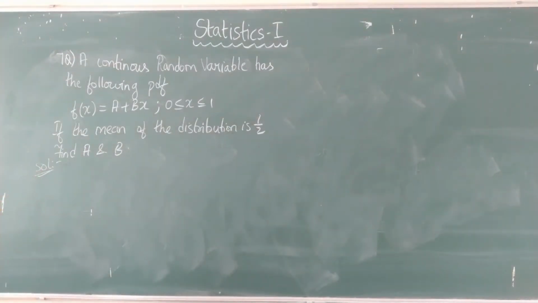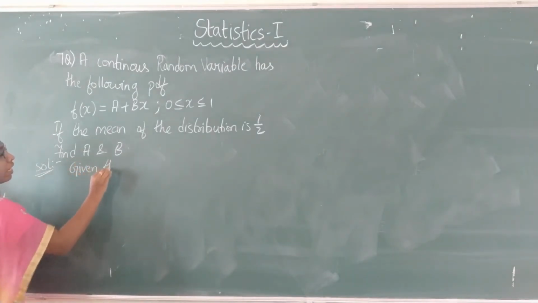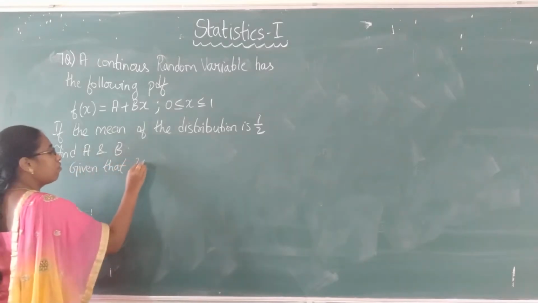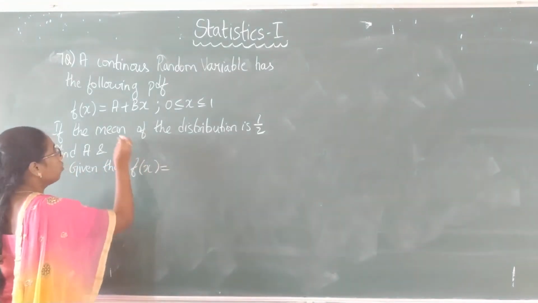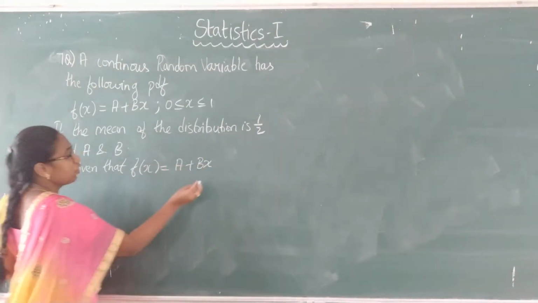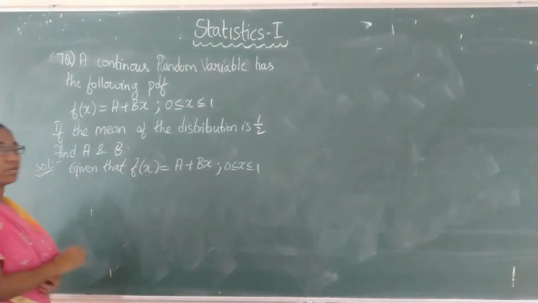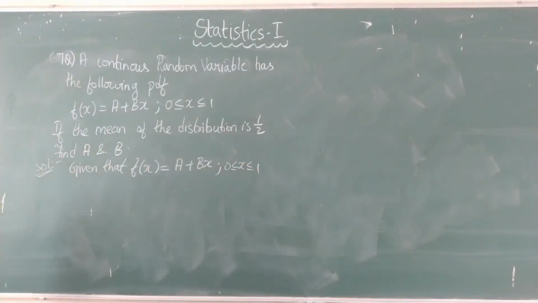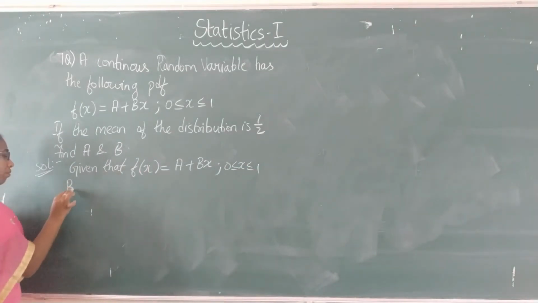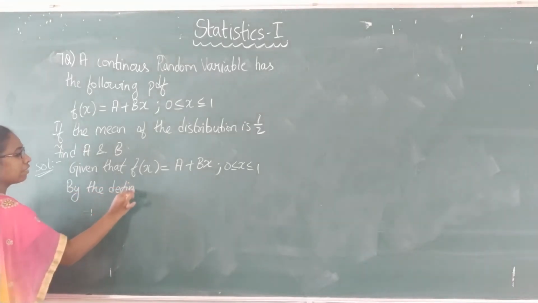So first write down the given: f of x equals, write the PDF. What is the f of x value? a plus bx within the limits 0 to 1. I said the first equation we will get by considering the definition of the PDF.